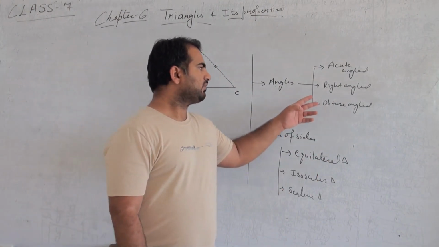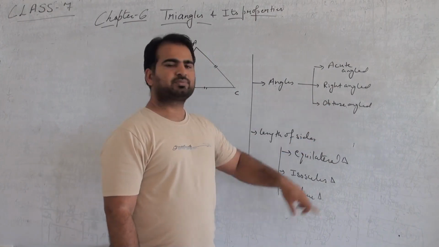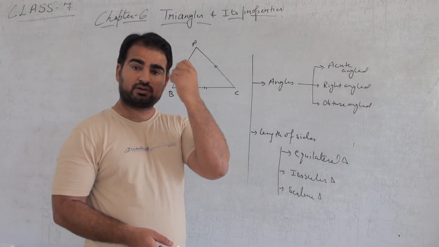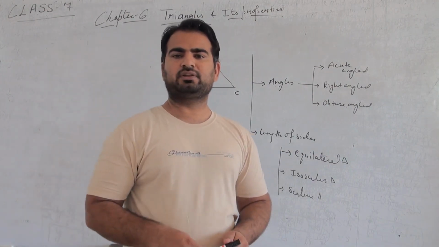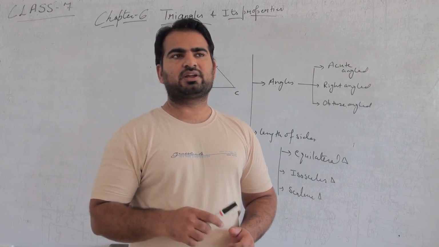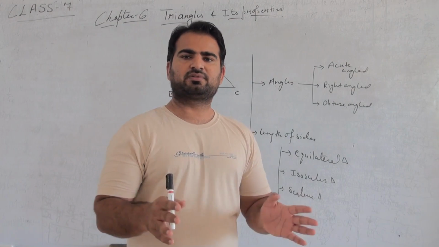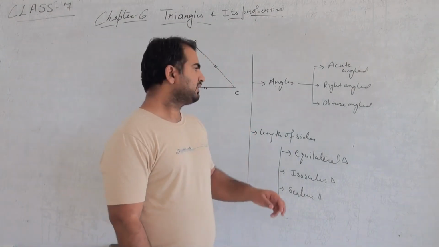So why is there only one right angle in a right angle triangle and only one obtuse angle in an obtuse angle triangle? The triangle sum property says that the sum of all angles of a triangle equals 180 degrees.